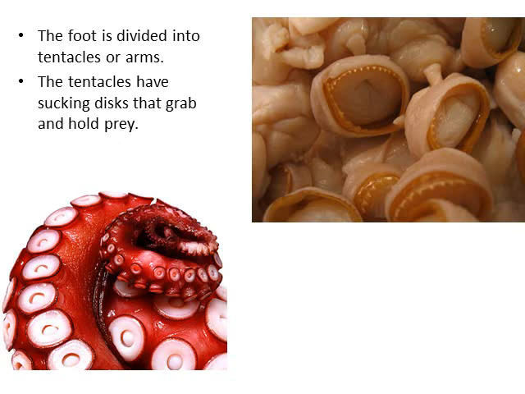The foot is divided into tentacles or arms, and of course, in the case of the octopus, they have these suction discs. In the case of squid, many of them have these suction, teeth-like structures that help them to grab their prey.